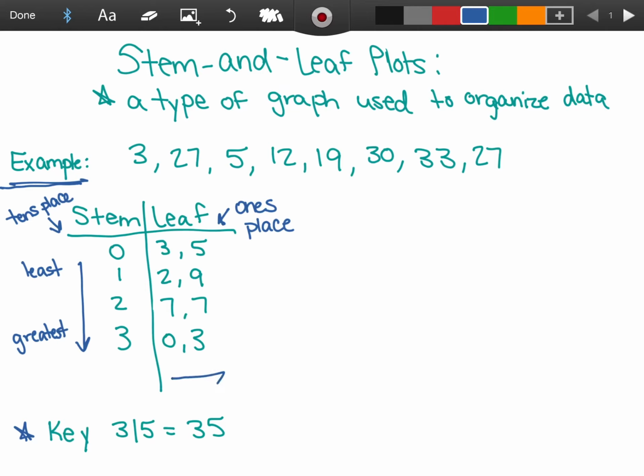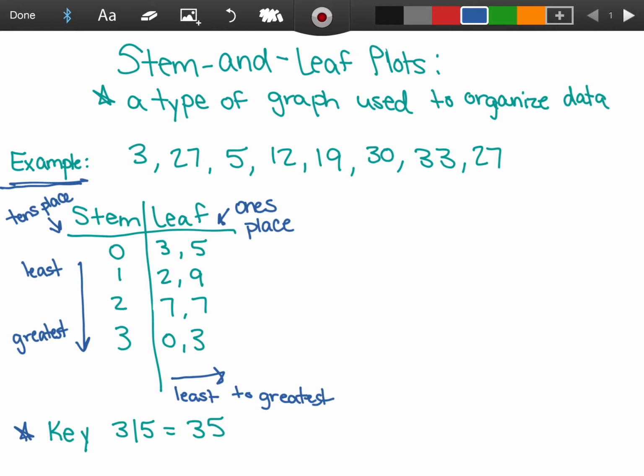As you're moving from left to right, you're also listing your numbers from least to greatest. That's very important if you have to make a stem and leaf plot, that you keep your numbers in order from least to greatest. So what I've done is I've taken my data set and I've listed those in order from least to greatest. So I'm going to do that right here.